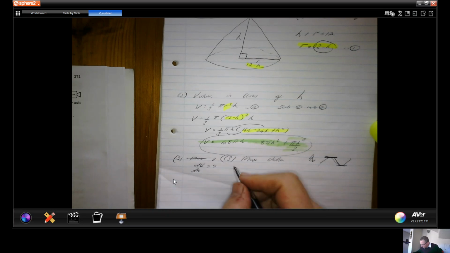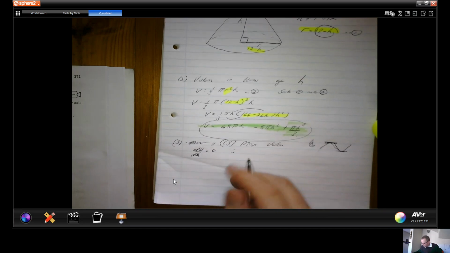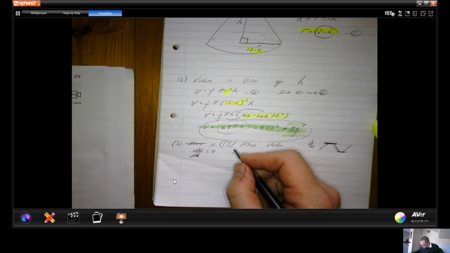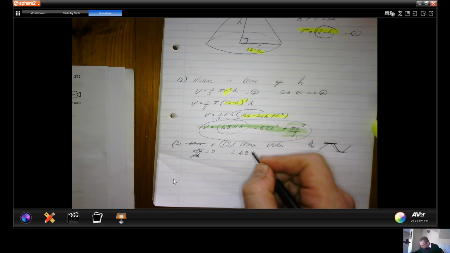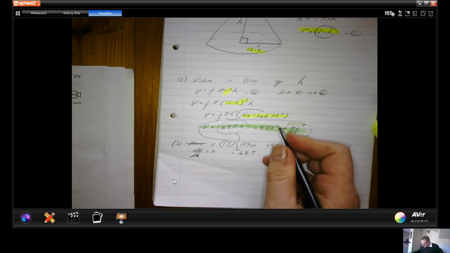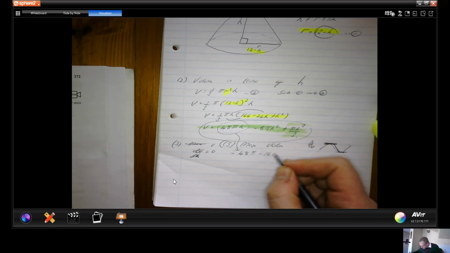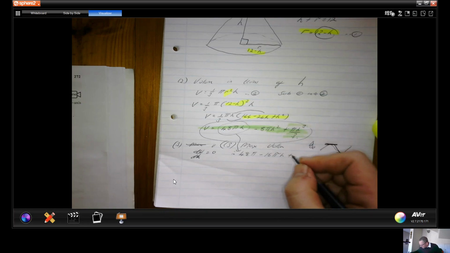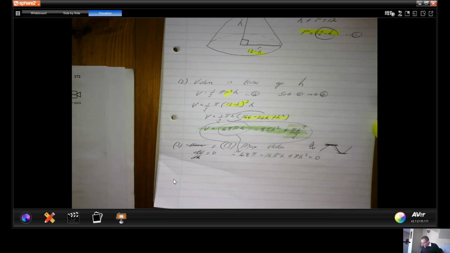So the derivative of 48 pi h is just the coefficient of h, which is 48 pi. The derivative of this in terms of h is going to be minus 16 pi h, and the derivative of this is going to be 3 over 3, which cancels, so it's going to be plus pi h squared, and I want to know where that's equal to 0.